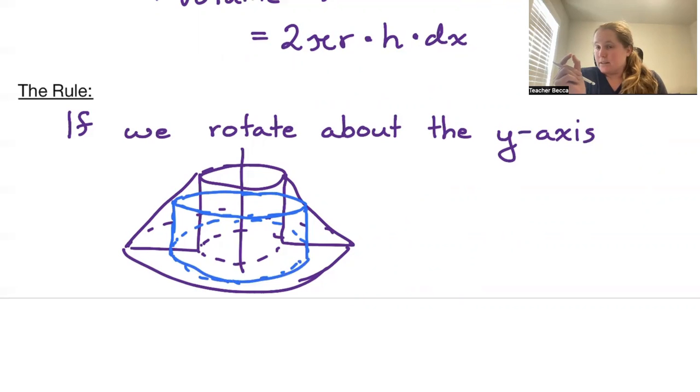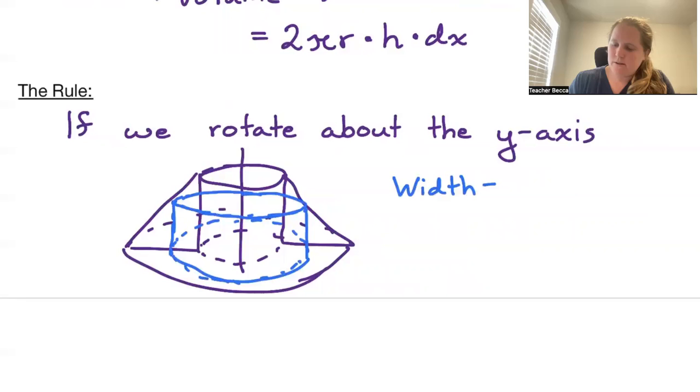The width here is our dx. The radius here is our distance out from the axis. So our width again is dx.